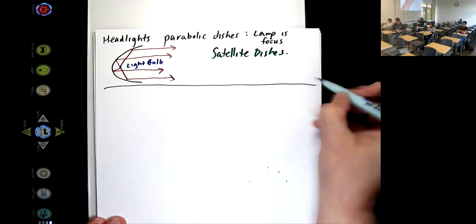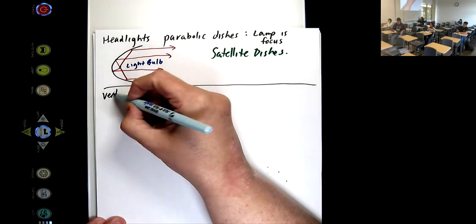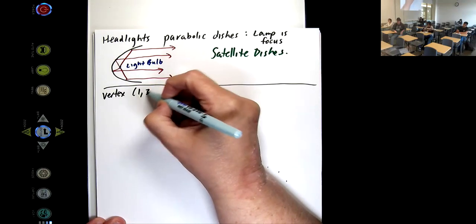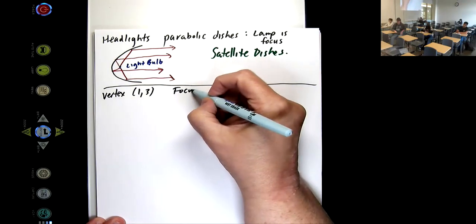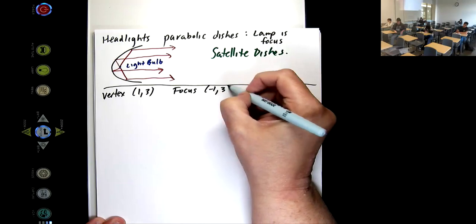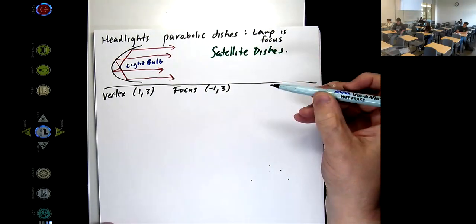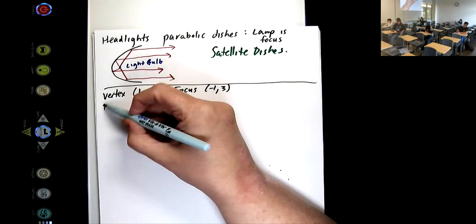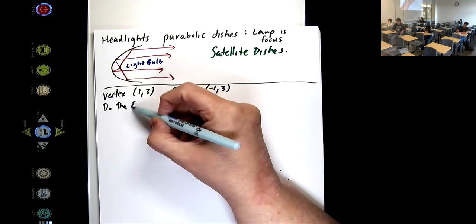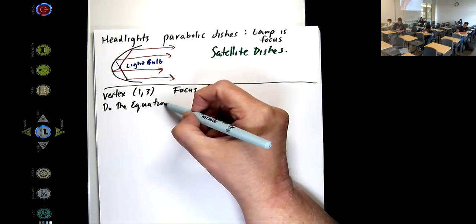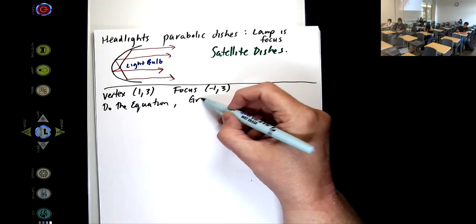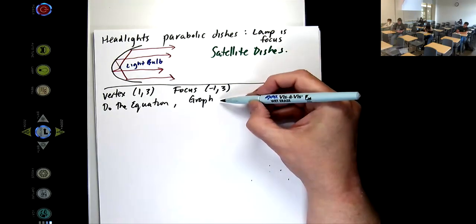Same thing, the vertex is at (1, 3). The focus is at (-1, 3). Find the equation and graph it. We didn't do domain and range last time, did we?